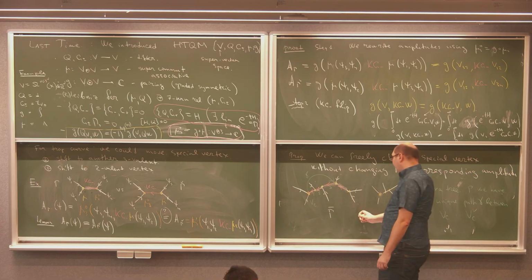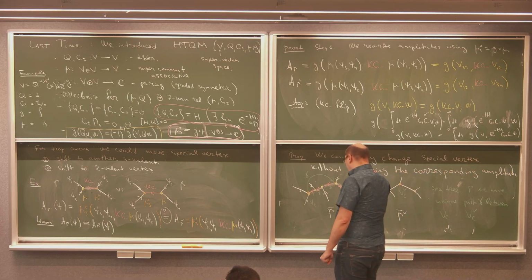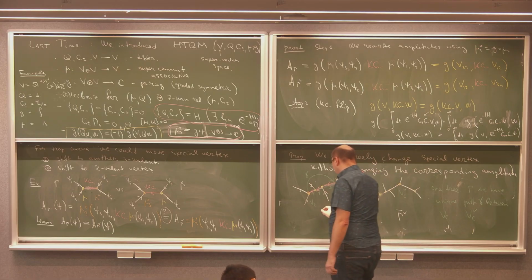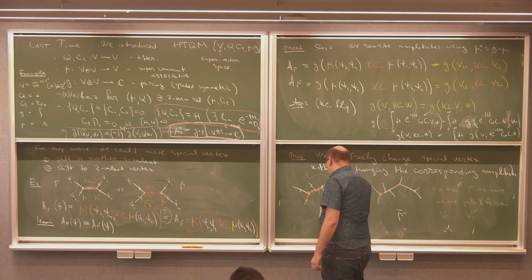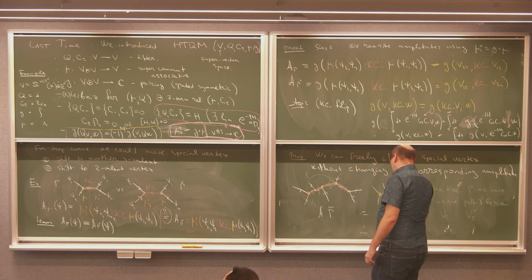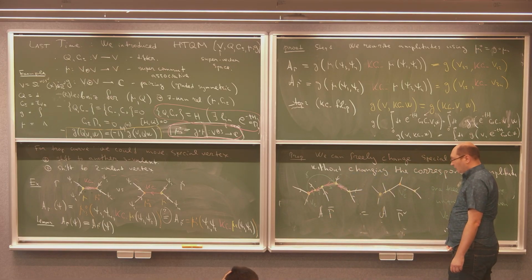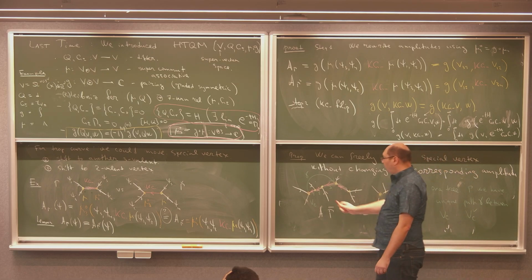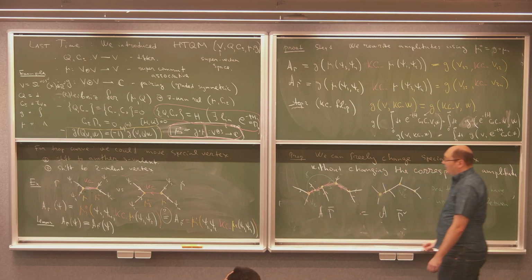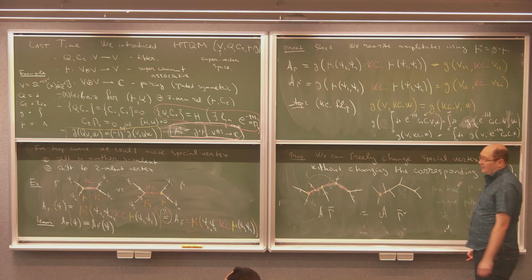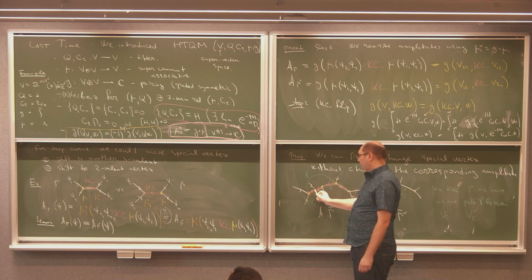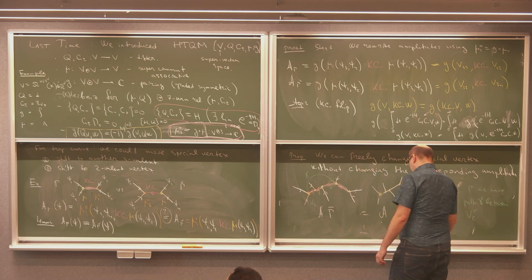And then to show that amplitudes on this graph gamma and gamma check are equal, all we need to do is perform this kg minus flip exactly 3 times. So first we perform the kg minus flip.